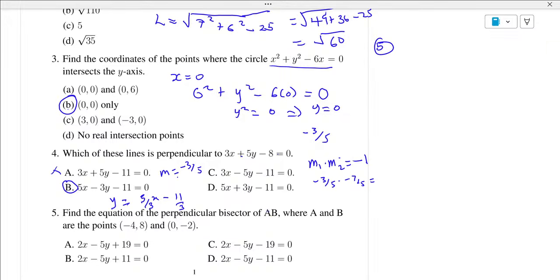So let's picture it as we have line AB, and A is -4, 8, and then B is 0, -2. This is what we have.